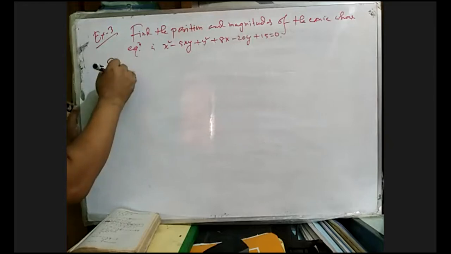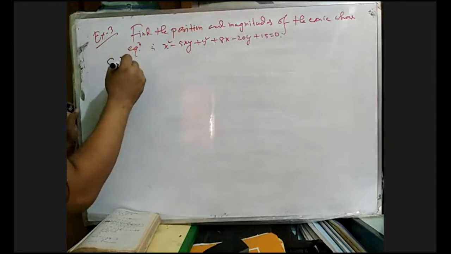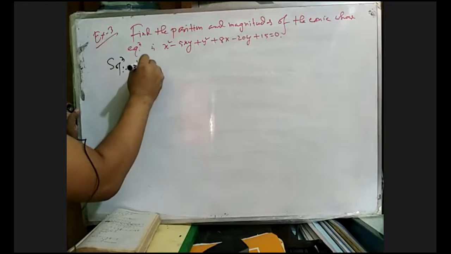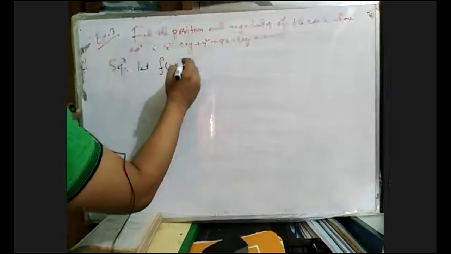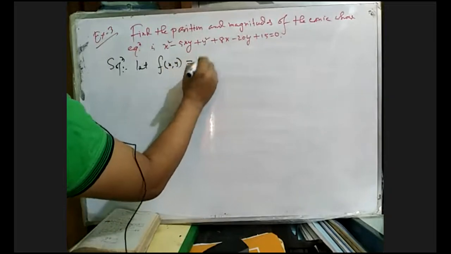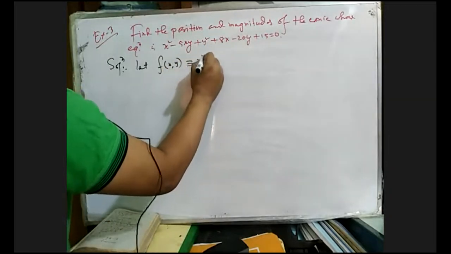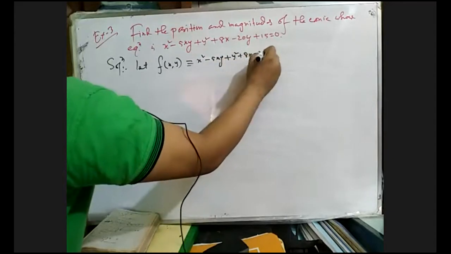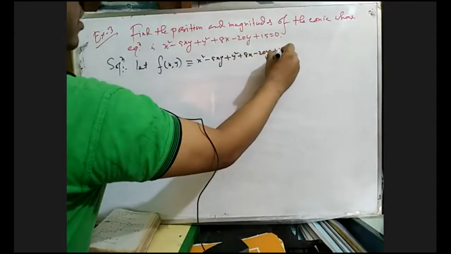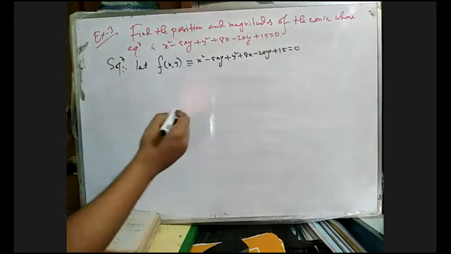So for the solution, let f(x, y) be this equation, which is equivalent to x square minus 5xy plus y square plus 8x minus 20y plus 15 equals to 0.